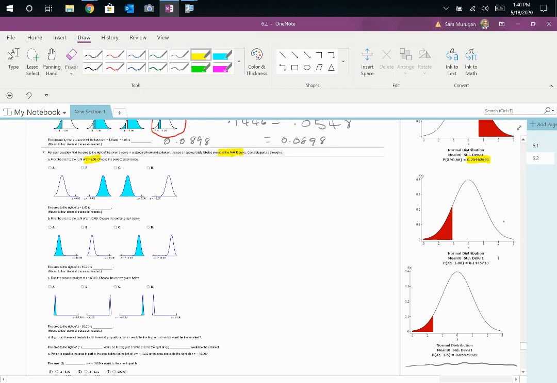So if the z is 5, to the right would be this graph, graph A. I don't think you need to graph that, do you?